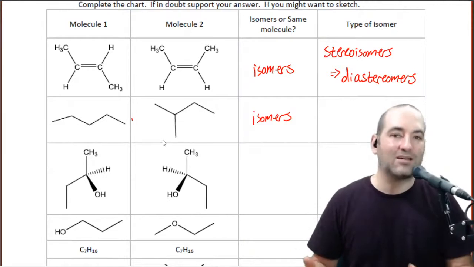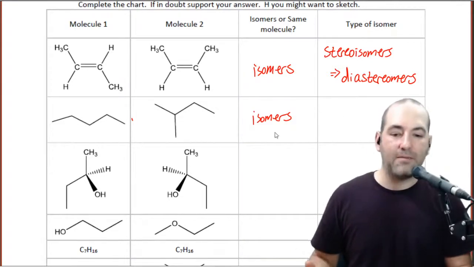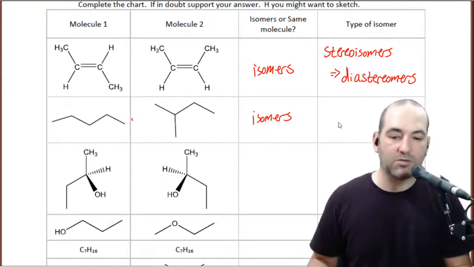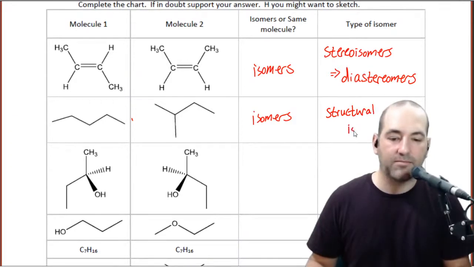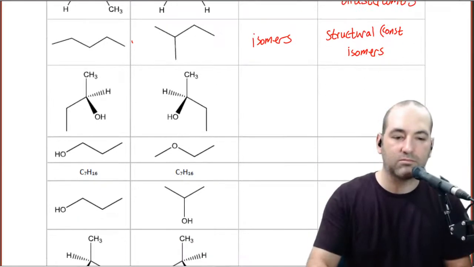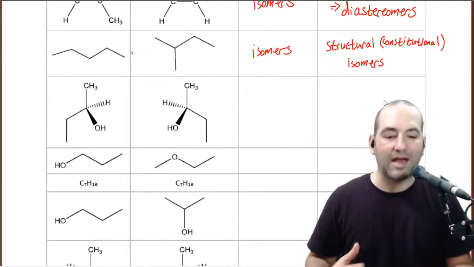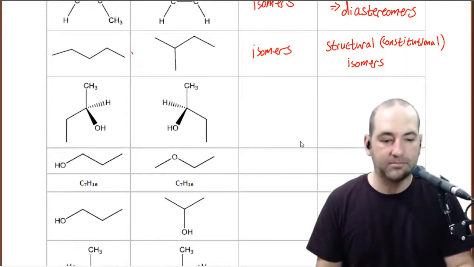So they're connected in a totally different way. And that makes them not stereoisomers, but structural isomers, or constitutional isomers is sometimes the word used for that. How they're connected is different in that one.